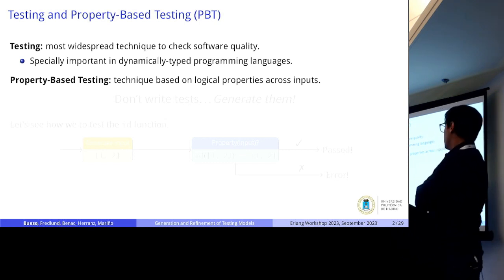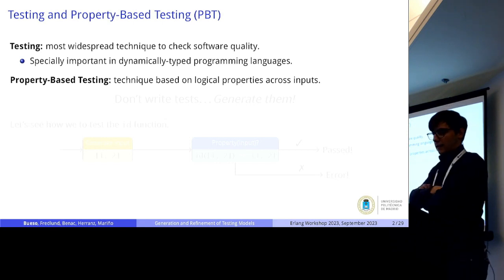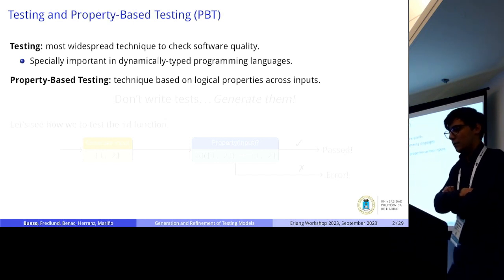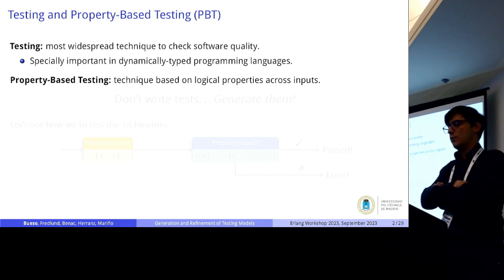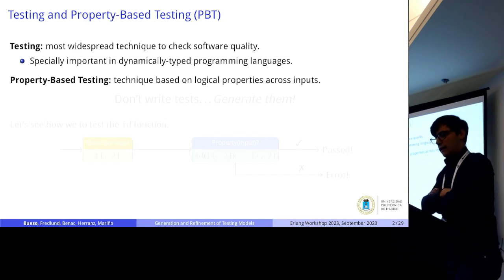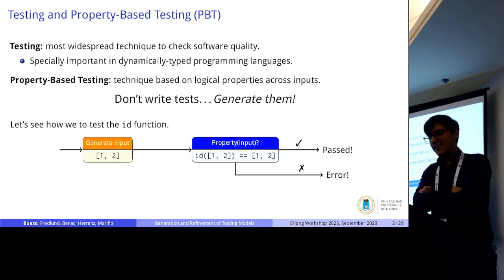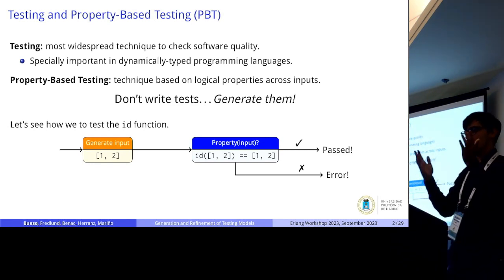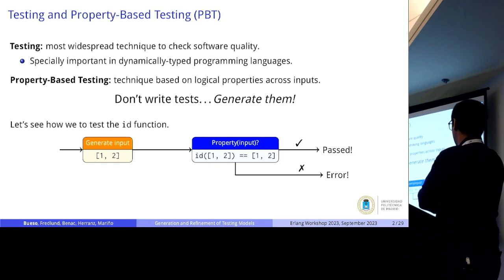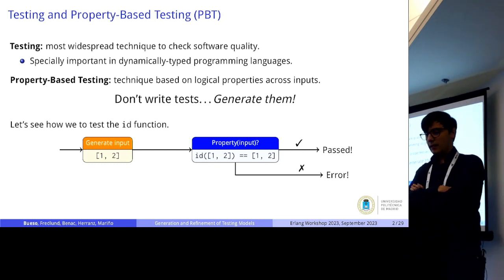And property-based testing is a great technique, which is based on logical properties across inputs. As our friend John Hughes here in the audience usually says, it consists basically in not writing tests, but generating them.